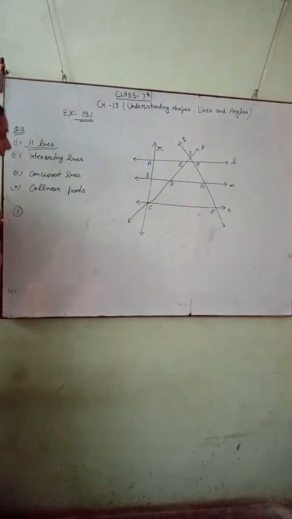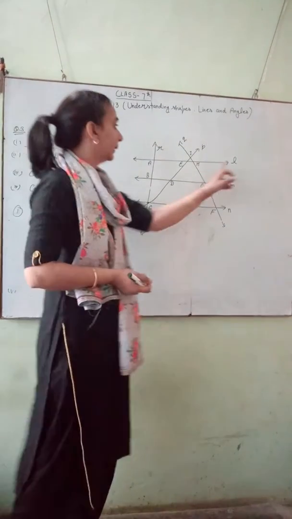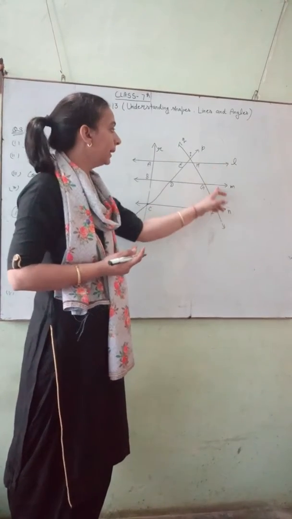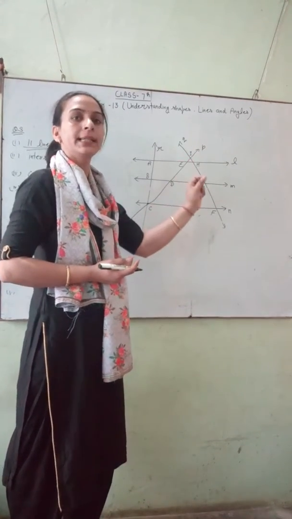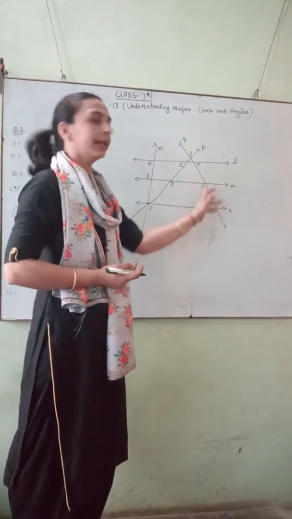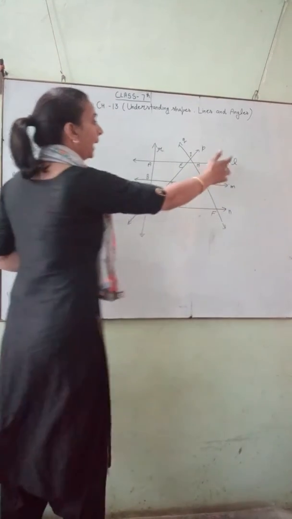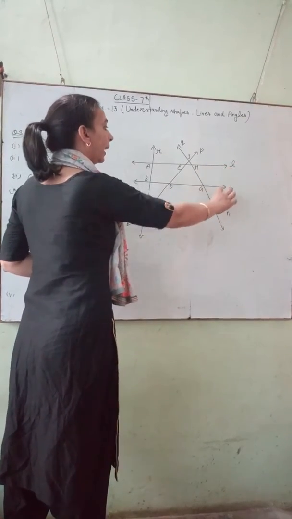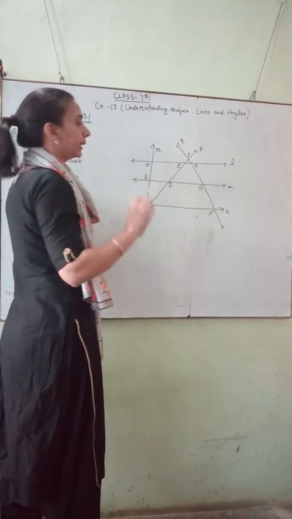In the first part, students, line L and M are both parallel. Parallel lines are two lines that do not intersect each other.